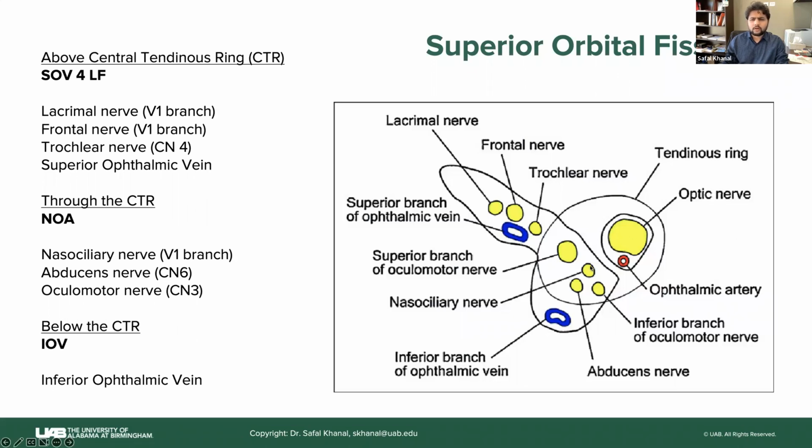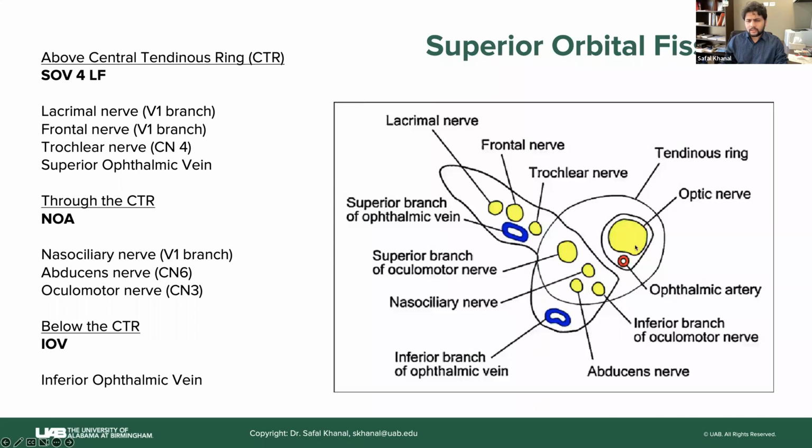Through the common tendinous ring, you have NOA: nasociliary nerve, abducens nerve, and oculomotor nerve. And just below the common tendinous ring, you have your inferior branch of ophthalmic vein, inferior ophthalmic vein.